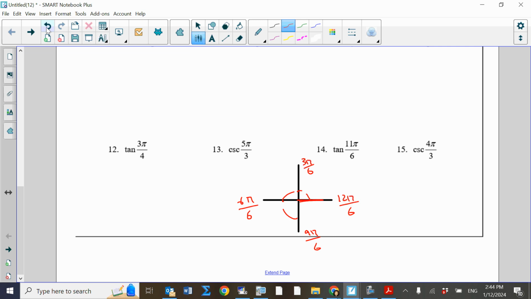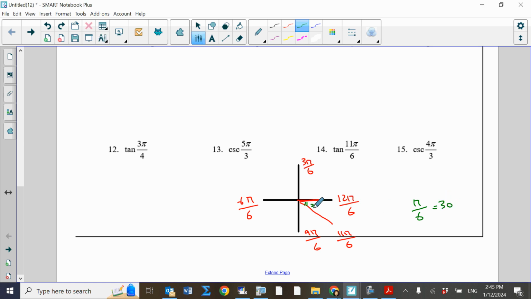Okay. Now, where's 11 pi over 6? It's going to be somewhere between these 2 points, so maybe somewhere here. This is 11 pi over 6. What is my reference angle? That's here, and that's equal to 12 pi over 6 minus 11 pi over 6, which is pi over 6, and that's equal to 30 degrees.